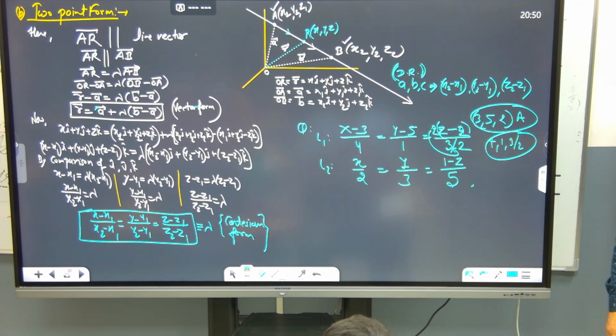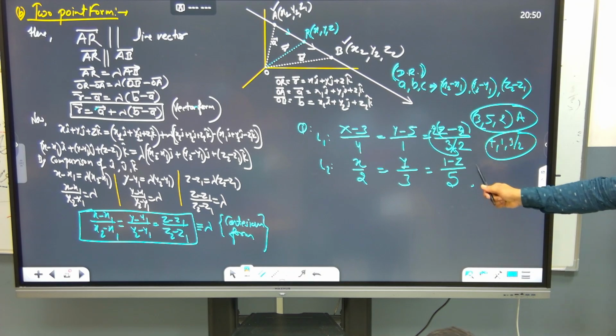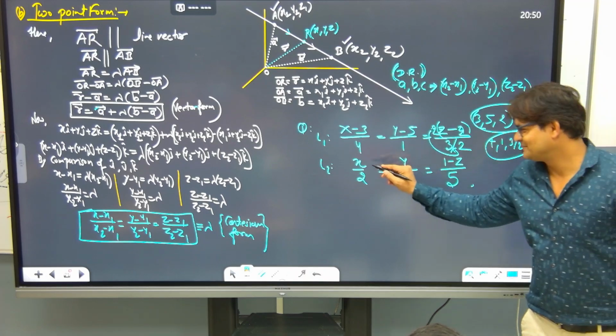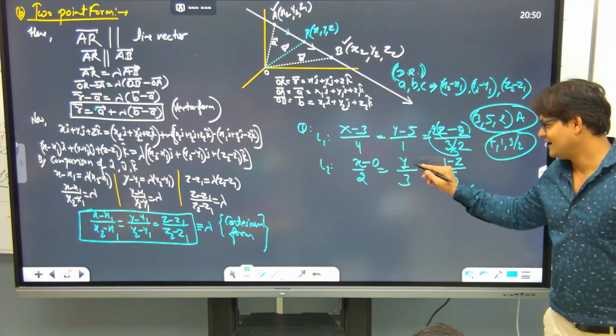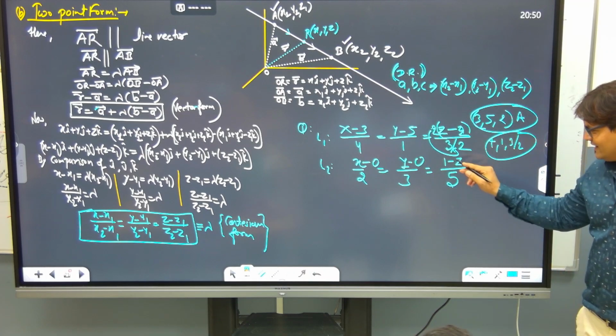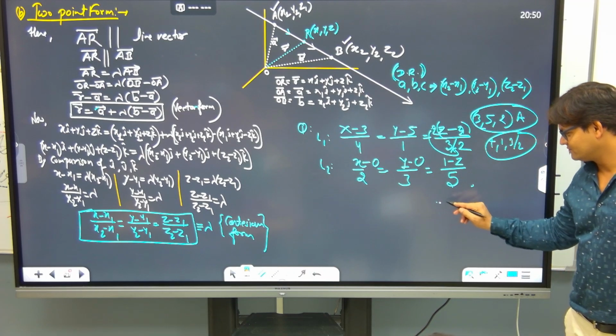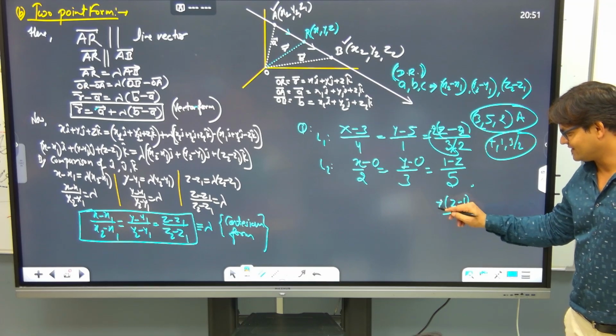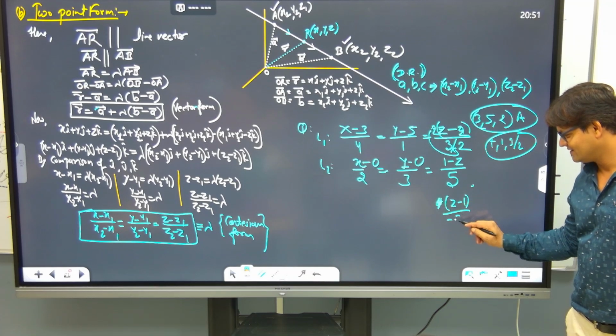The second line passes through which point? 0, 0, minus 1. This is x minus 0, y minus 0, and here we have to take minus common. So z minus 1, and we can write this minus here.